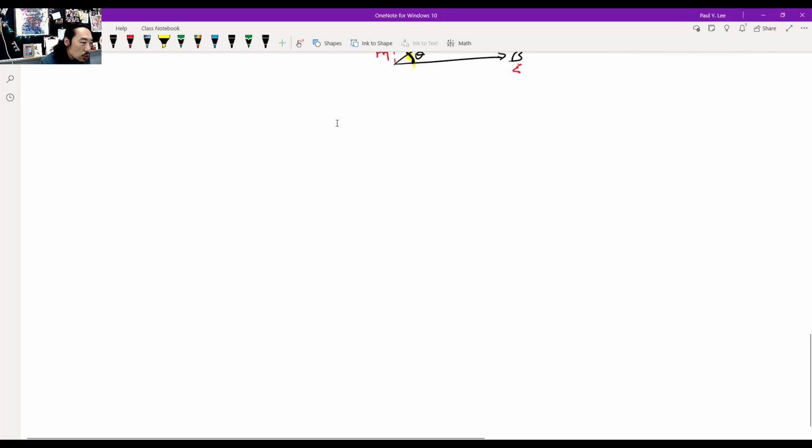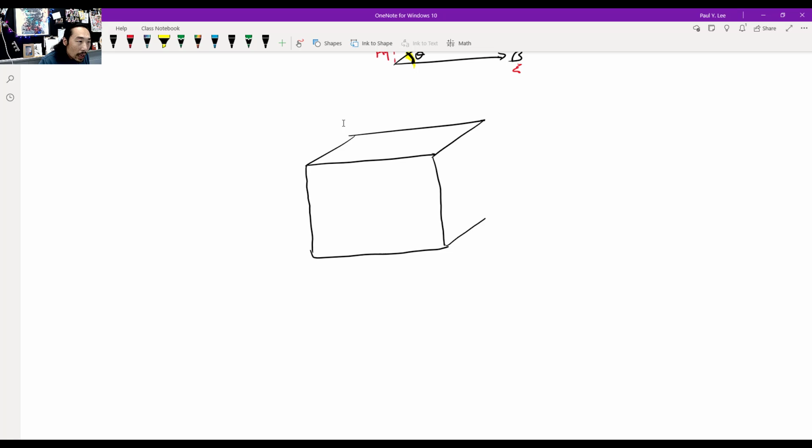Whenever you are doing an example problem, I cannot emphasize this enough, the sketch itself is the most important part. So let's say we have a cube. On your notes, make sure you draw a nice big cube, because we're going to be sketching all over it. Okay, so we have a nice cube.